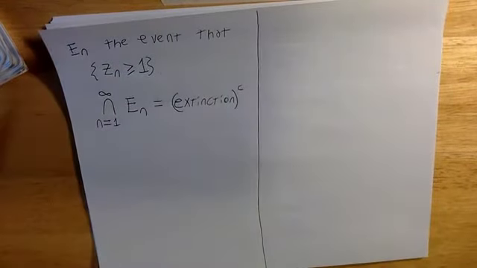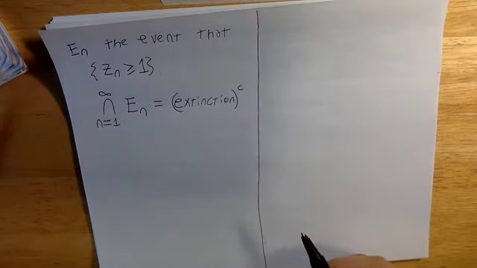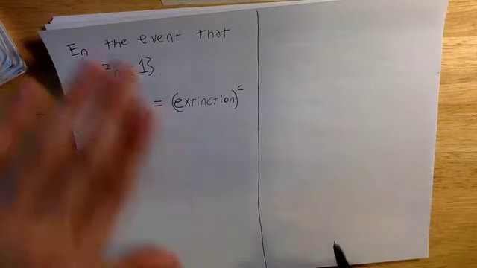Okay, so this means that Cn is positive for every positive n. So this is exactly the complement of extinction. And so now what we can reduce ourselves to is understanding the probability of En.